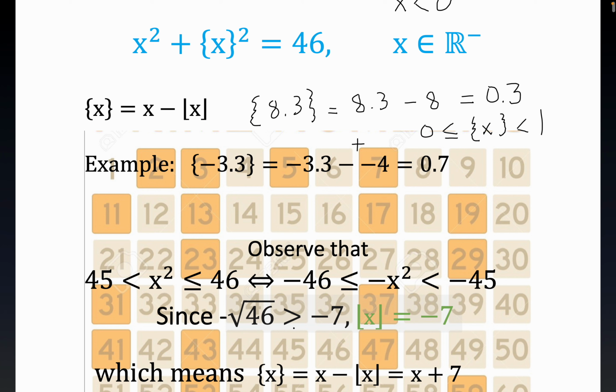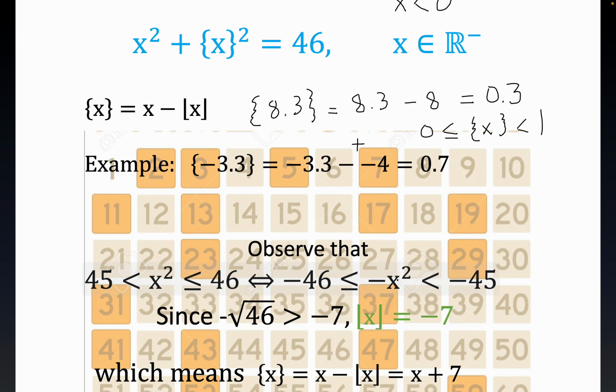We're not technically taking square roots and ending up with imaginary numbers, but remember that the square root of 49 is 7, right? And so this looks backwards, but if you think about the real number line, minus root 46 is greater than negative 7, if you just think about the left to right nature of the number line. And so the floor of the x we're looking for has to equal negative 7.